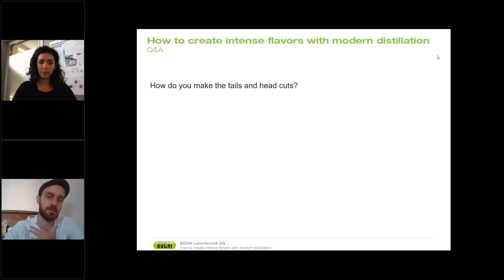I believe, and this is my personal opinion, not science, that there cannot be a standard way of cutting when it comes to fermented mash. People still do it mostly by smell and taste, or, as I was saying before, evaluating the ethanol concentration is a good method to decide where and how to make your cut.